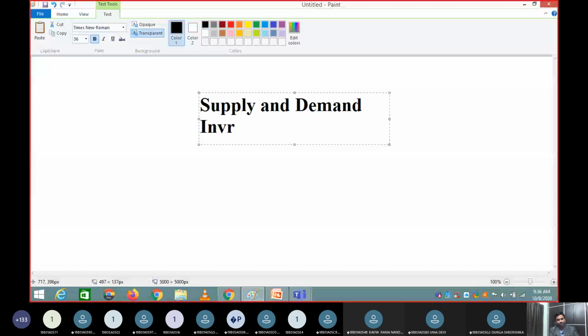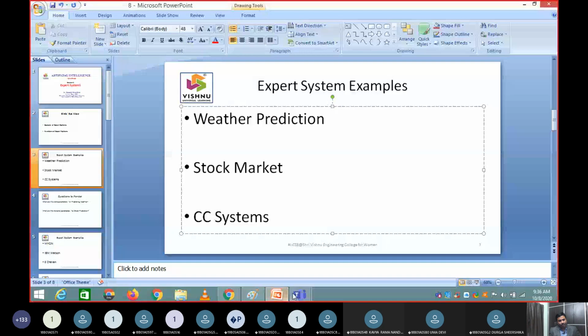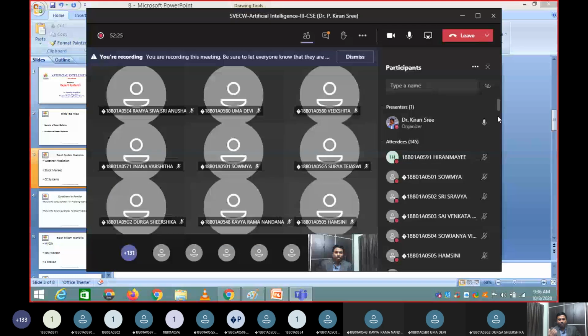Yes or no? Does investor sentiment change with respect to time? Say you invested in Reliance and ended up with losses. There is a sentiment that when I invest in Reliance, there is a chance I will get a loss, so you choose other stocks to invest in. Does the sentiment change with respect to time?